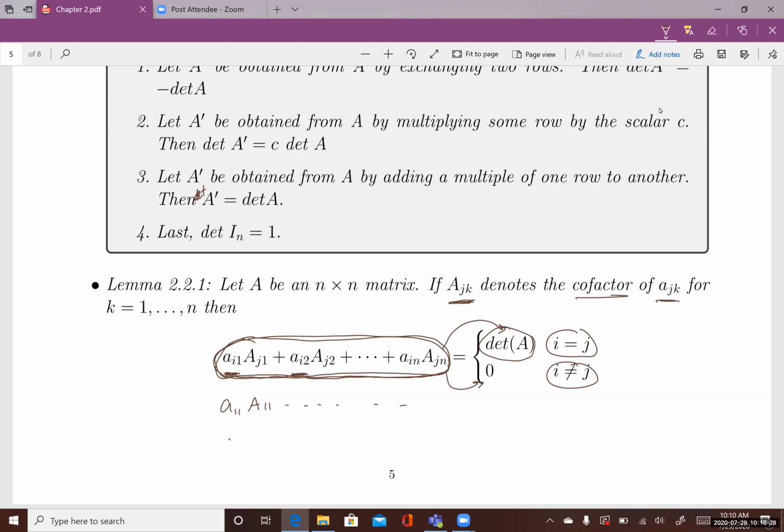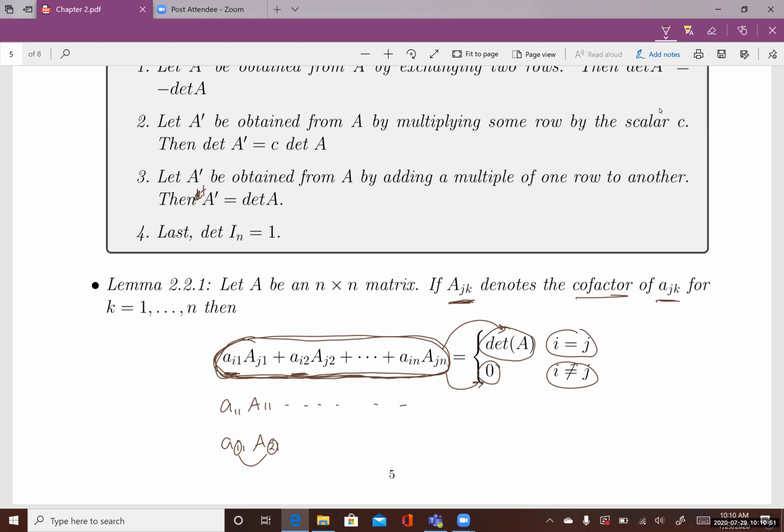But if you have little a_11 and big A_21, then these two indices are not the same, and the sum of the products will be just 0.